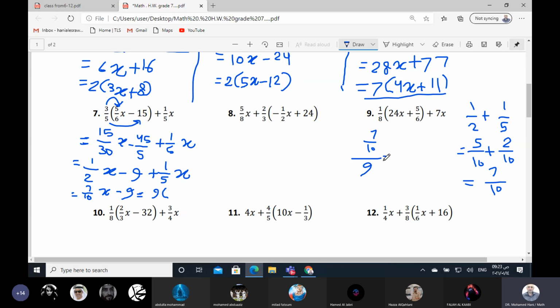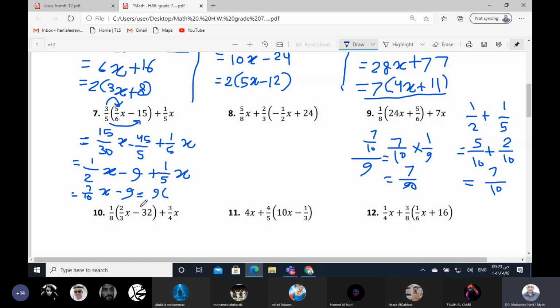Here we have a rule. Keep 7 over 10. Change the divide to the multiplication. Then find the reciprocal of 9, which will be 1 over 9. So 7 times 1 will be 7, 10 times 9 will be 90.